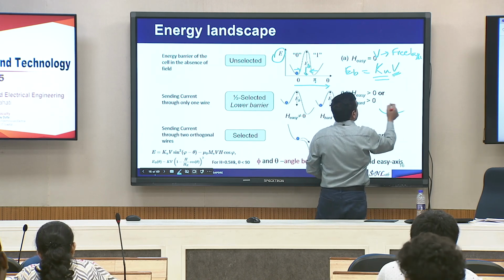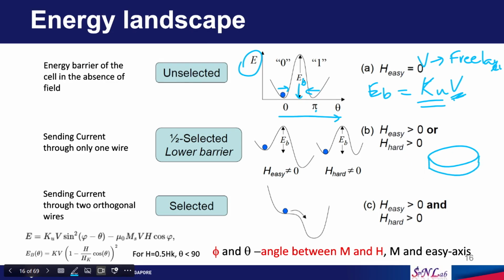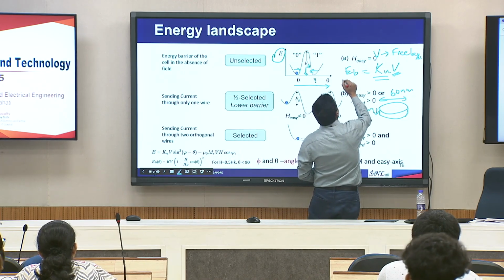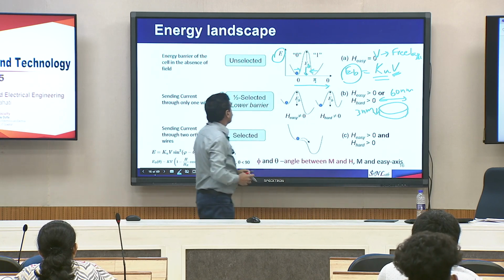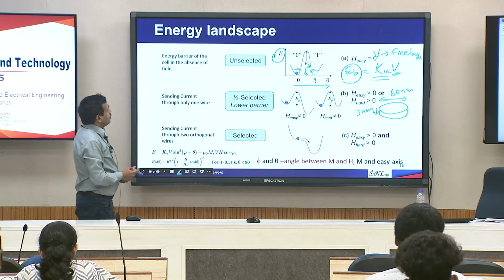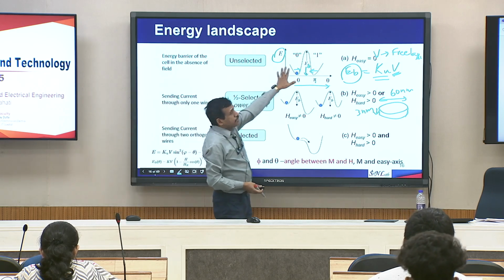So, let us say the diameter of this is like 60 nanometers, and this layer has a thickness of 3 nanometers. You can calculate the volume of this particular cylinder. That volume multiplied by K u is E b. So, when you apply no magnetic field, this is the energy landscape.